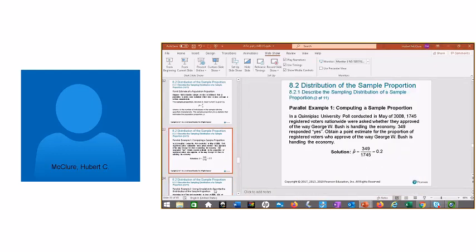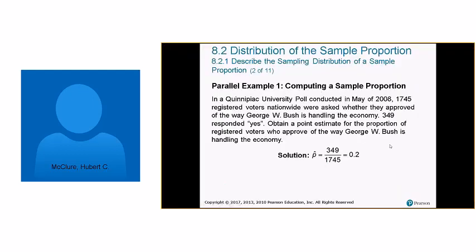Here's an example. There it is. So write it down, because I will give you a question about 8.2 on the test. It's important that you understand what p-hat is. A Quinnipiac poll is very, very notorious, very well known in the statistical world. It's a very high-up poll.